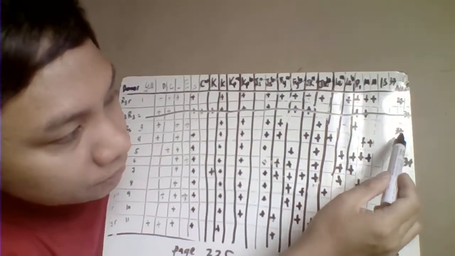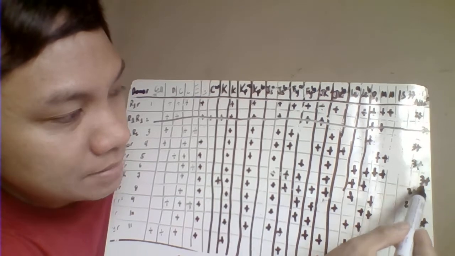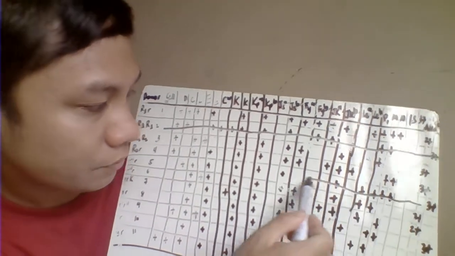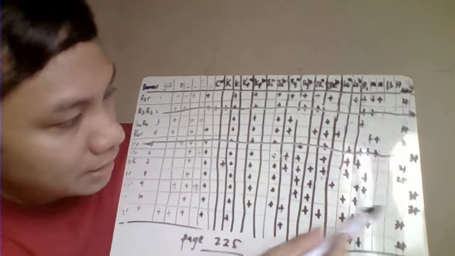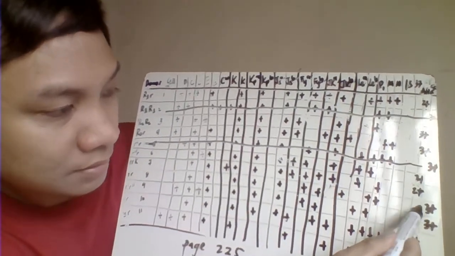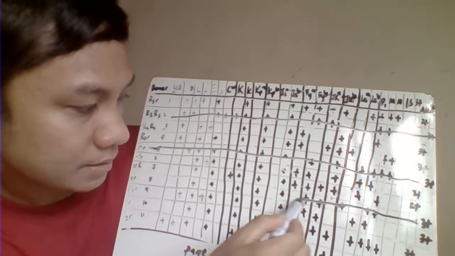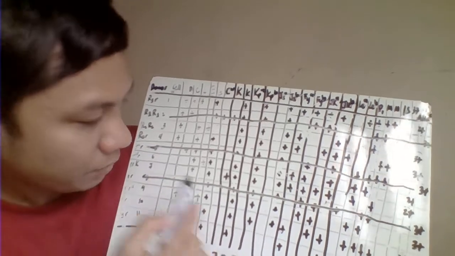This one is positive. Next cell is also negative, so not this one, panel cell number 5 is an X. This one is also an X, because there is no positive here.